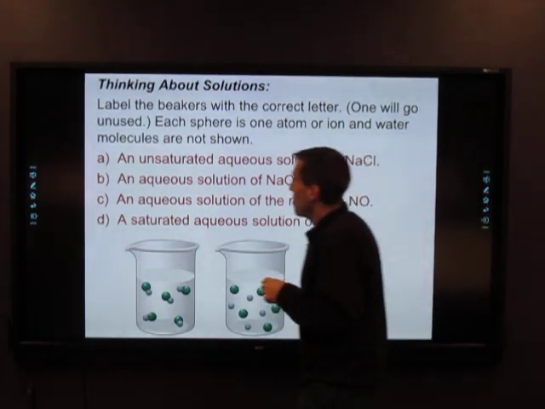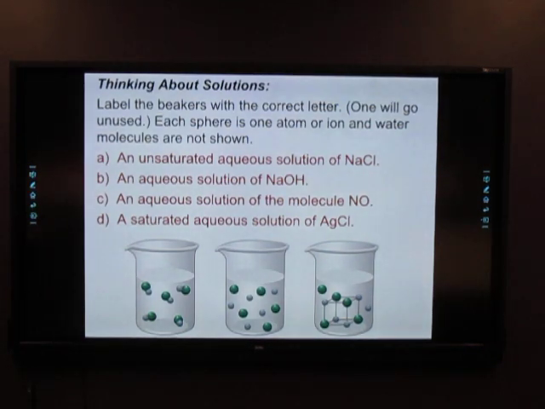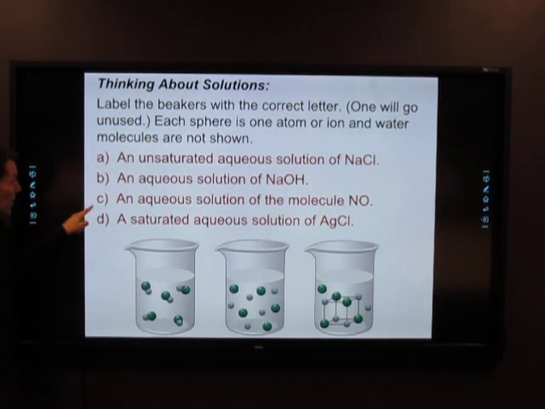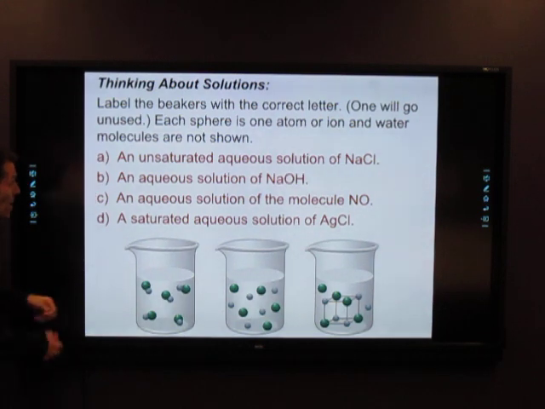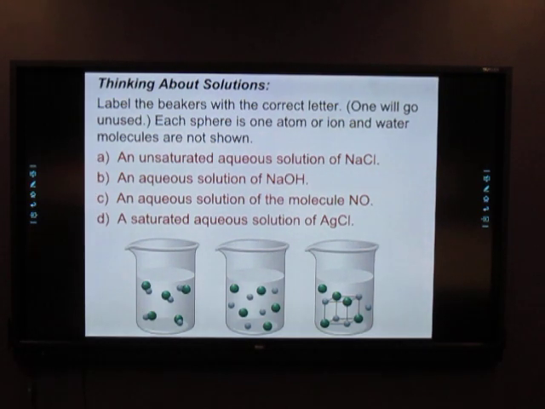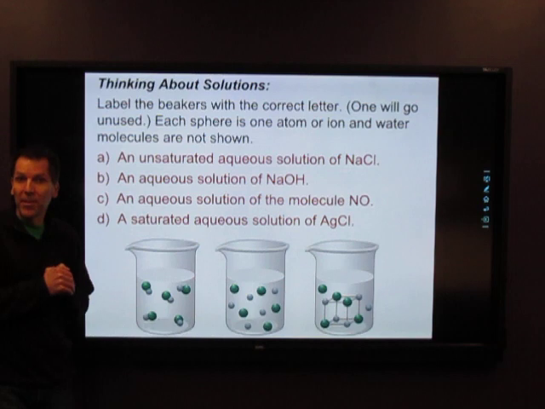So ask yourself, which of these is an unsaturated solution of sodium chloride? Which is a saturated solution of AgCl, and which contains the other ingredients? Like I said, one letter will go unused. And so hit pause again, and then I'll come back with the answer.